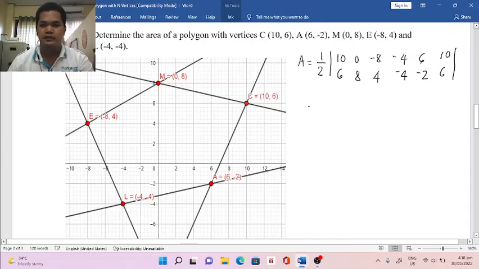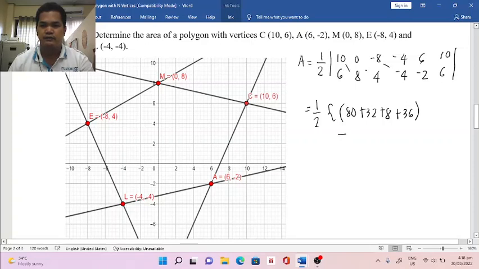Okay, so this is now equal to 1/2 of 10 times 8, that is 80, 0 times 4 is 0, negative 8 times negative 4, that is 32, negative 4 times negative 2, positive 8, and then 6 times 6, that's 36. Then, followed by minus.